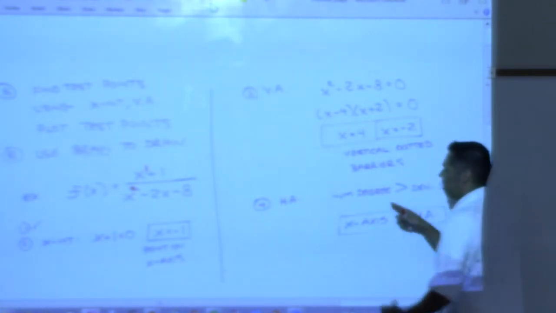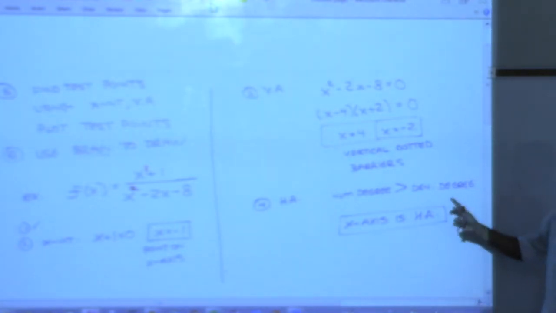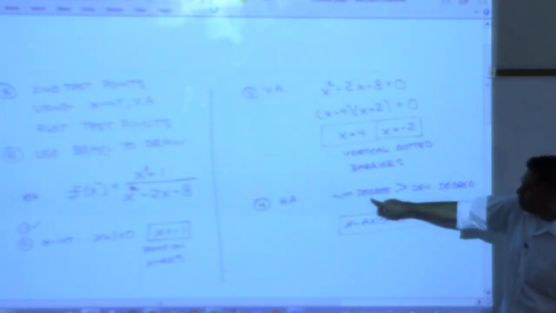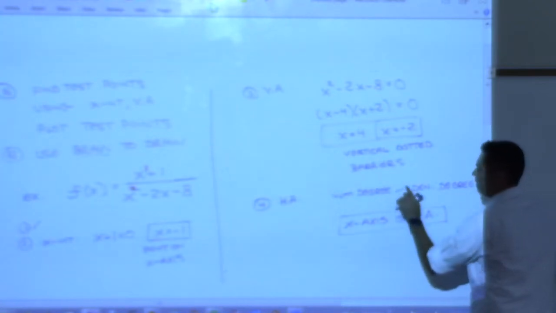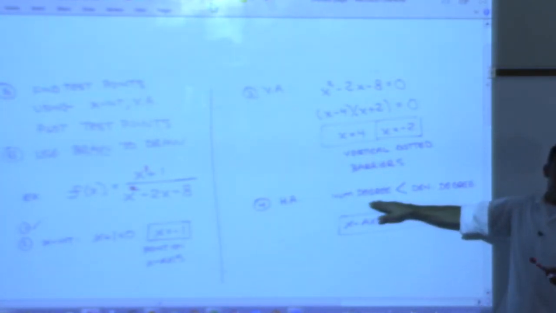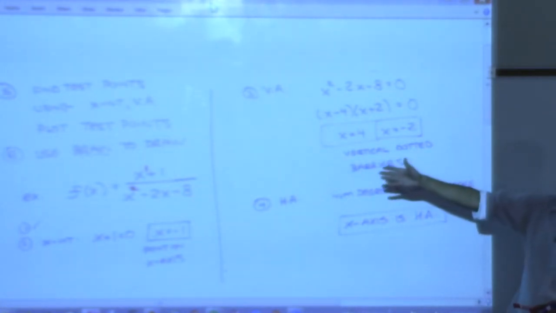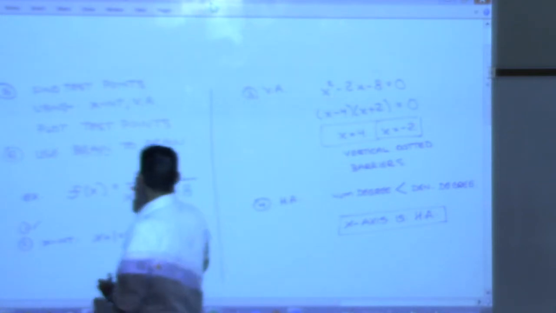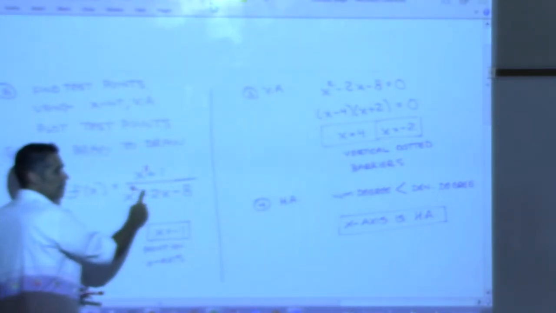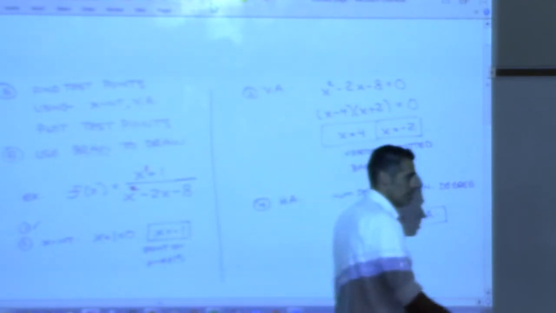Every single time the numerator's degree, oh, sorry, I have that backwards, don't I? The numerator is the top. I have it backwards. If the numerator's degree is smaller than the denominator's, which is what we have here, 1 is less than 2, then the x-axis will be our horizontal asymptote.